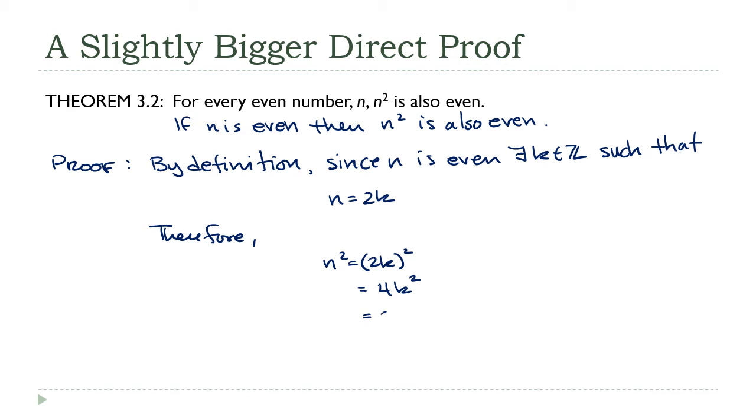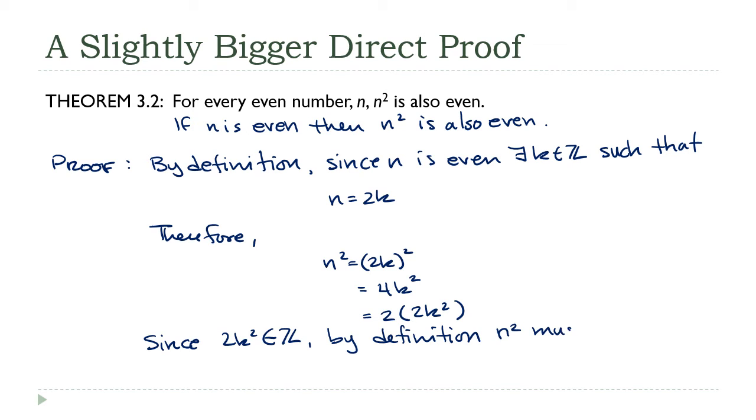This is equal to 2 times 2k squared. Now we can wrap this up. Since 2k squared is an integer, by definition, n squared must be even. And that's what I wanted to show. So I'll put the QED down here at the bottom.